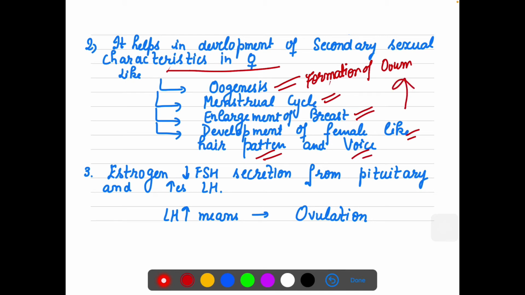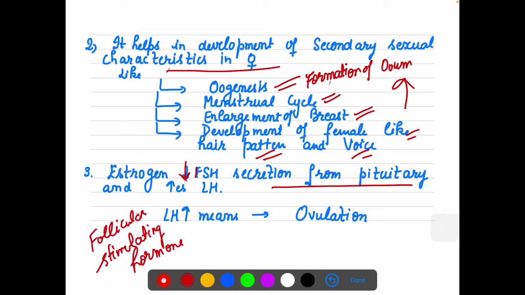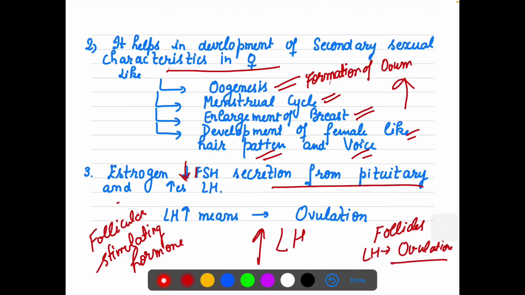Now the most important point, estrogen decreases FSH, follicle stimulating hormone. So when estrogen is released, it decreases FSH from the pituitary and increases LH. Now what is FSH doing? It helps in follicle formation, and what does LH do? It helps in ovulation. More LH means the release of ovum from the ovary, right?